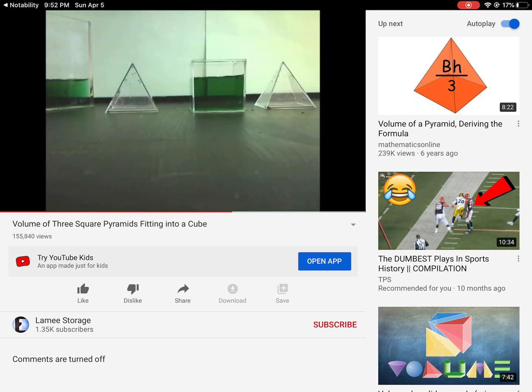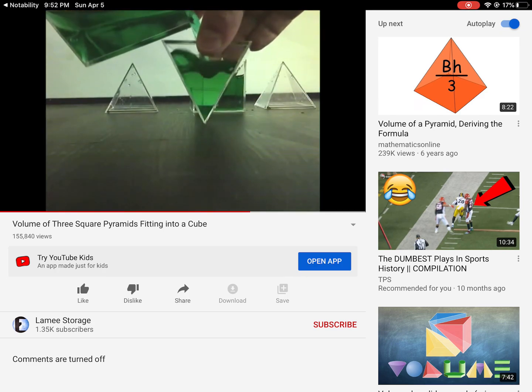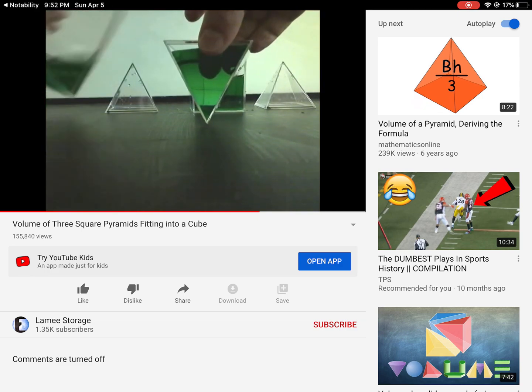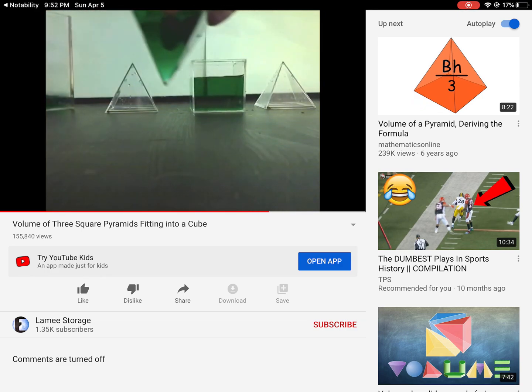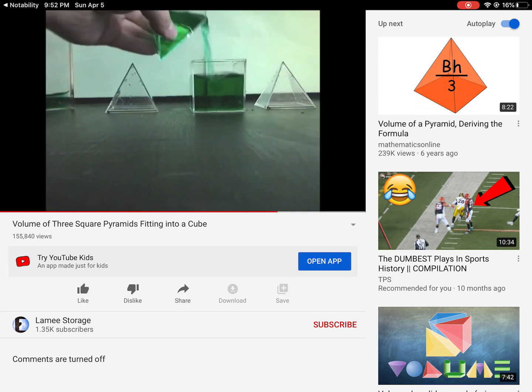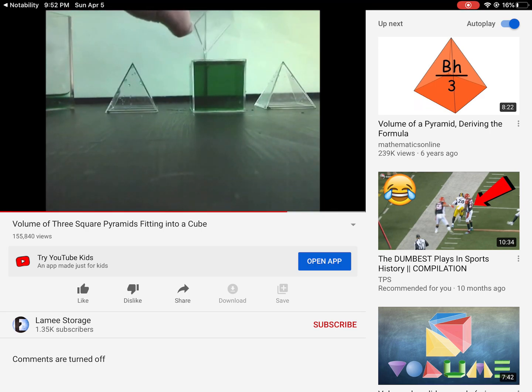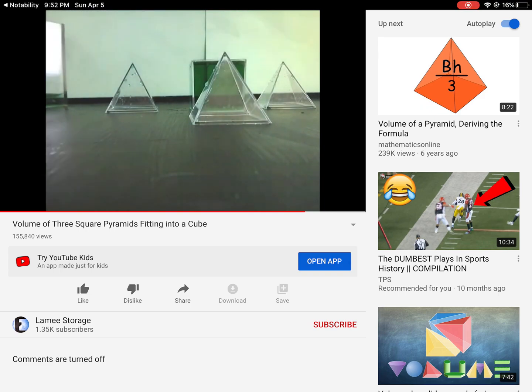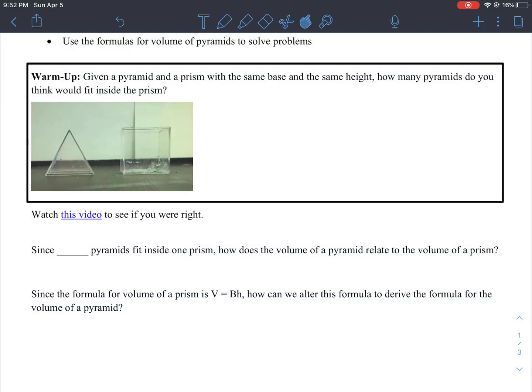And 2, we're not quite there yet. So is it 3? Is it 4? And there it is. So after 3 pyramids, we were able to fill the entire prism.